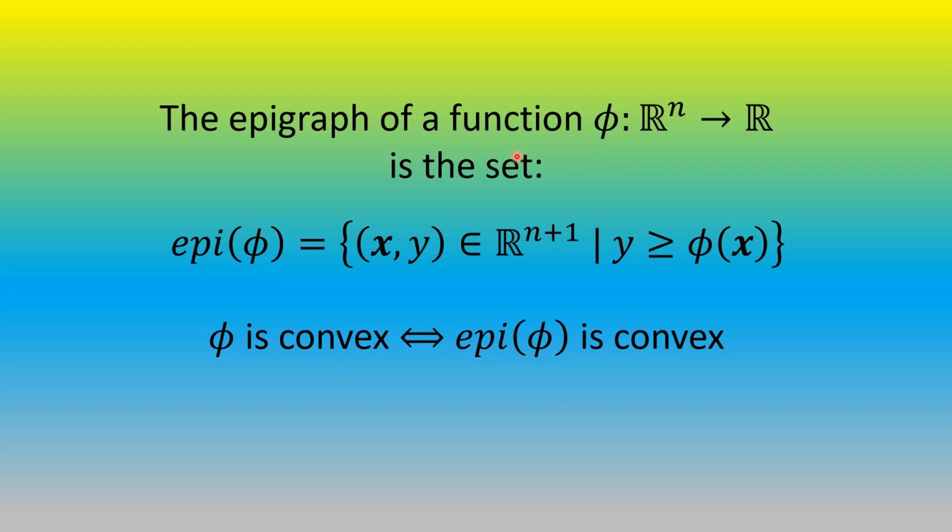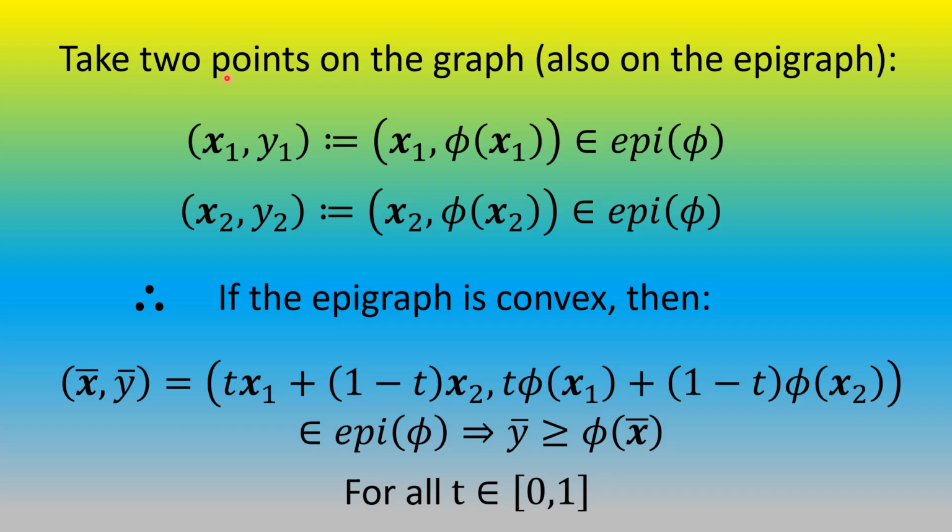I probably should have specified that, but you'll get the picture. So now we will take 2 points on the graph, that are also on the epigraph, x1 comma y1 and x2 comma y2, where y1 is phi of x1 and y2 is phi of x2.